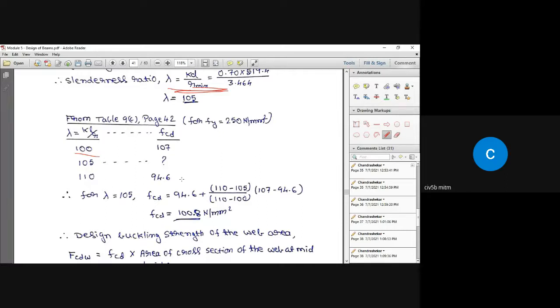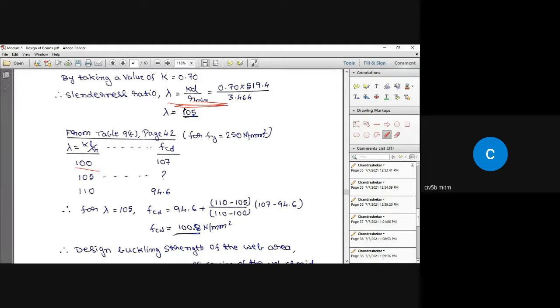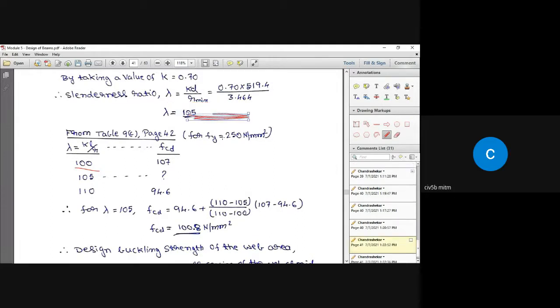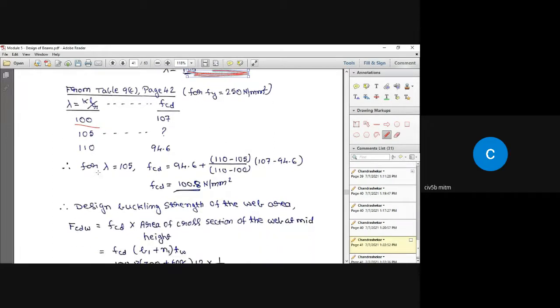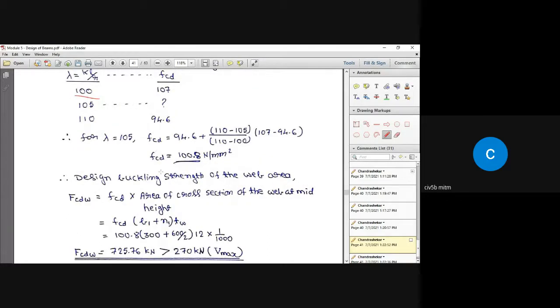For 110, it is 94.6 Newton per millimeter square. Ours is 105, so find out the value of FCD for lambda equal to 105. Through interpolation, I got FCD equal to 100.8 Newton per millimeter square.